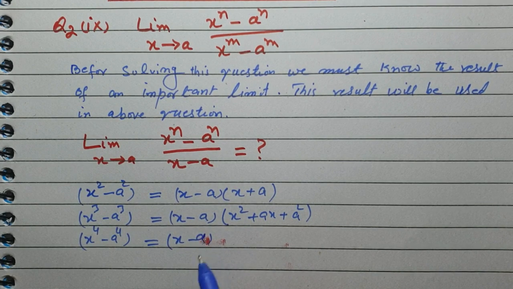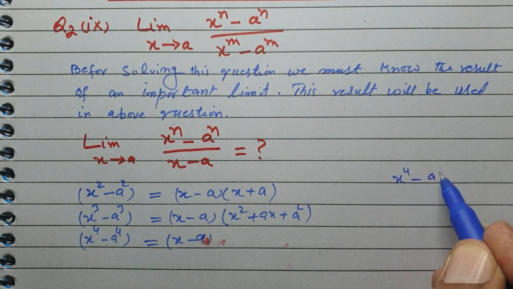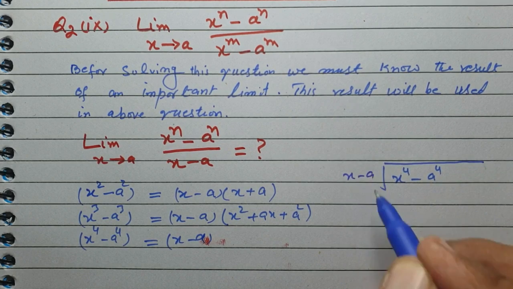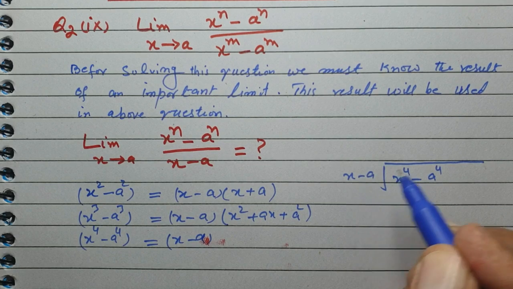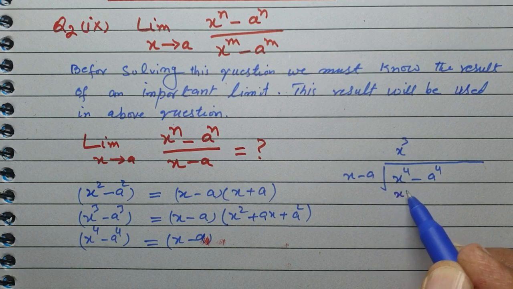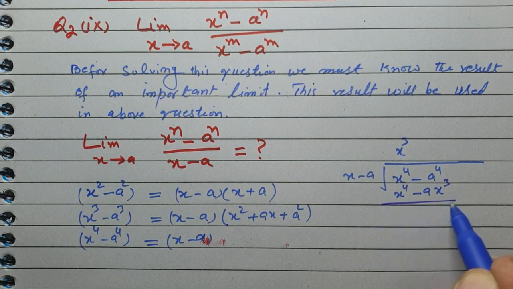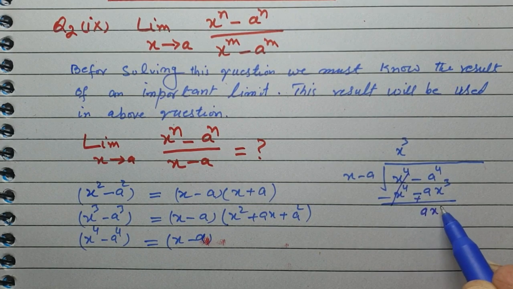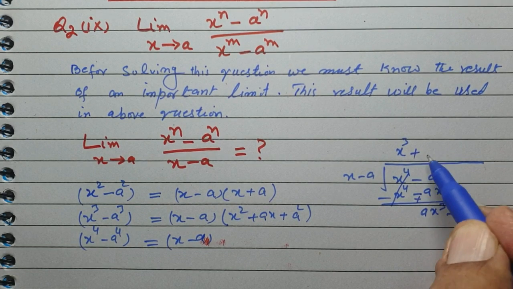So we find the other factor like this. x^4 minus a^4 divided by x minus a. It is x^4 and it is x. We go to x cube. We multiply this. x^4 minus ax^3, plus ax cube minus a^4.